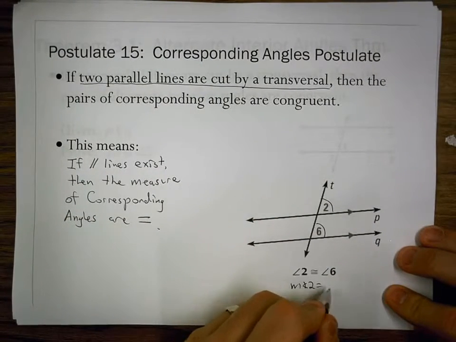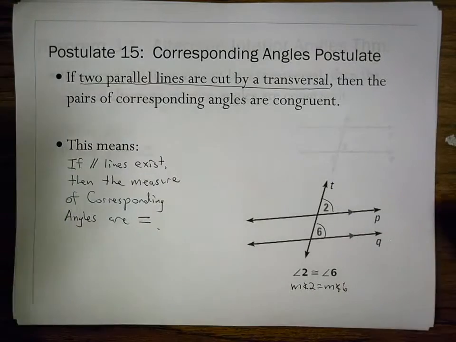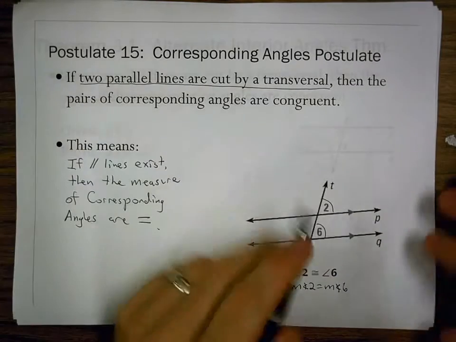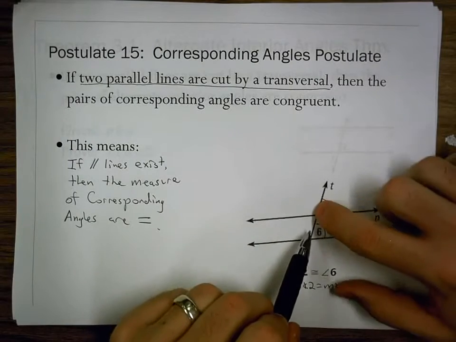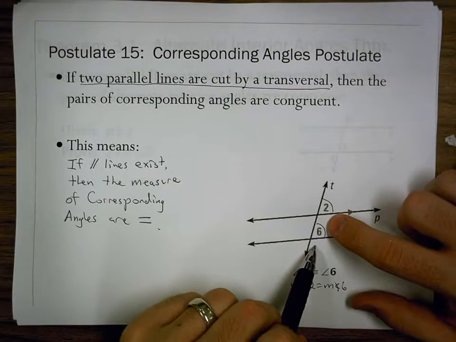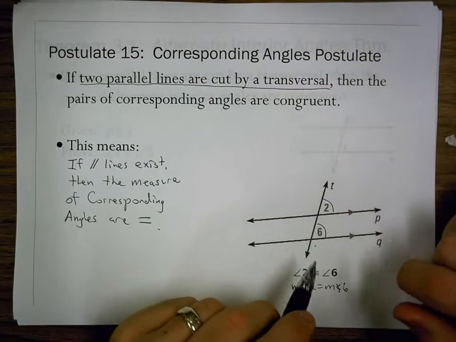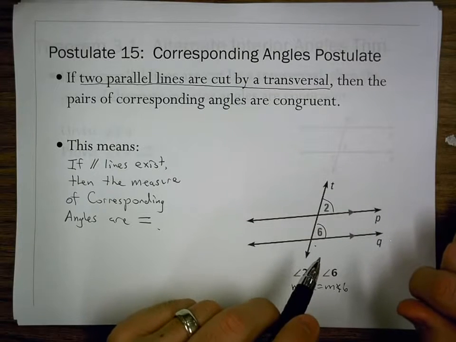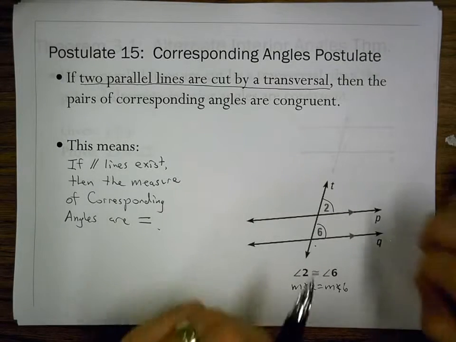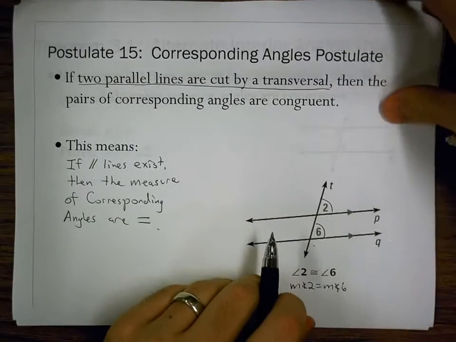Their measures are equal. Now, if I had these angles, they'd also be the same. Bottom right, those corresponding angles would be the same. Bottom left, those corresponding angles would be the same. So we actually have 4 pairs of corresponding angles that are congruent.